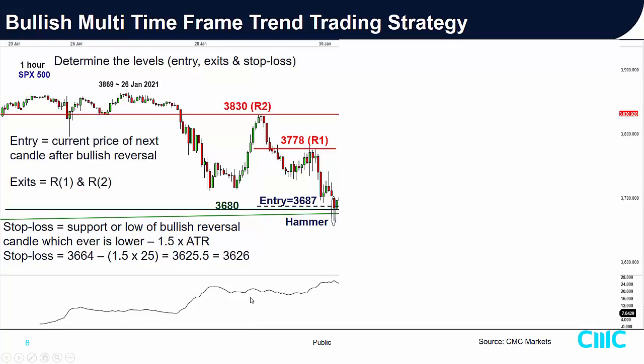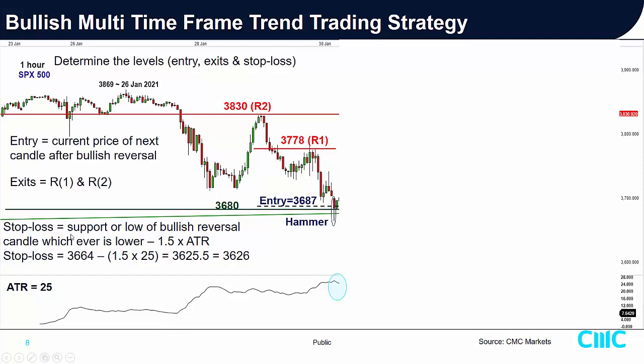ATR, like I covered in my previous module, is a statistical indicator that measures the prior 14-period moving average true range. Based on this average true range, the last 14-period moving average is at 25 points. So anything above 25 points is beyond its average true range. So I actually multiply by a factor of 1.5.